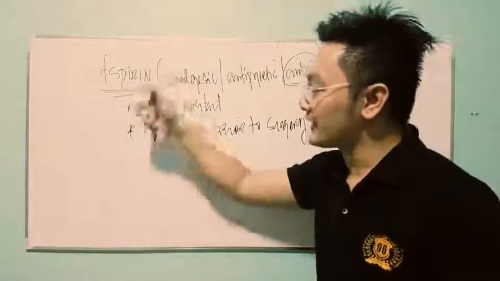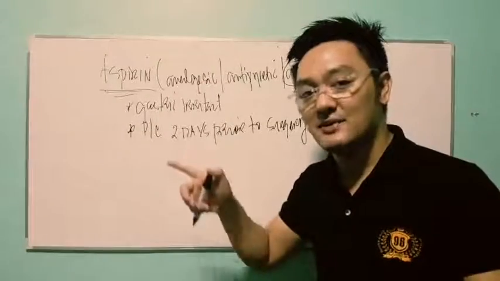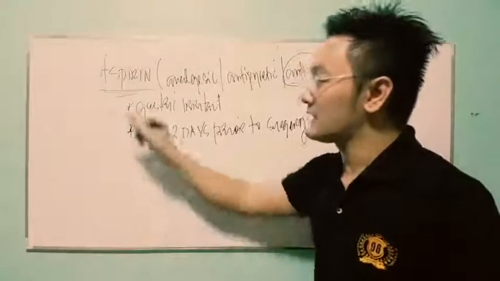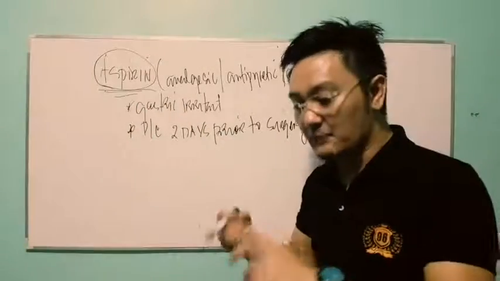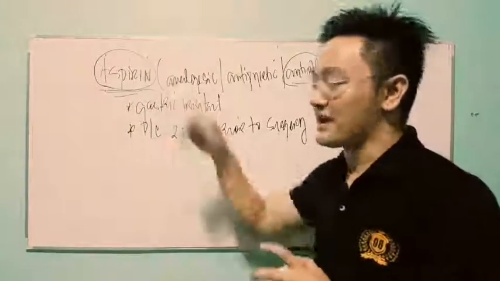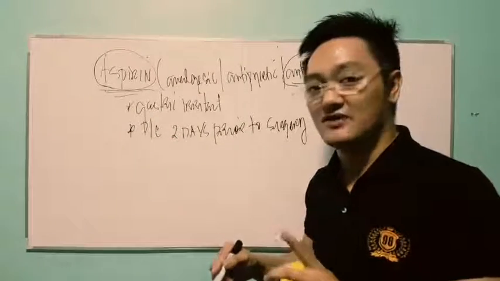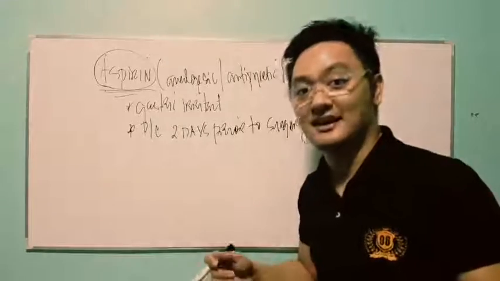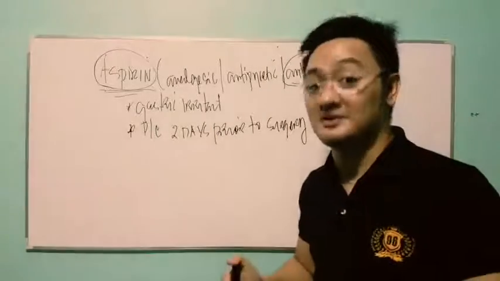Now, what do you think is the best test to evaluate the therapeutic level of your aspirin? Actually, in the book, to check the therapeutic level or therapeutic effect of your aspirin, one test is to check the platelet concentrate level or the platelet count of the patient. Okay? Now, do we have overdosage of aspirin? Yes, we do.